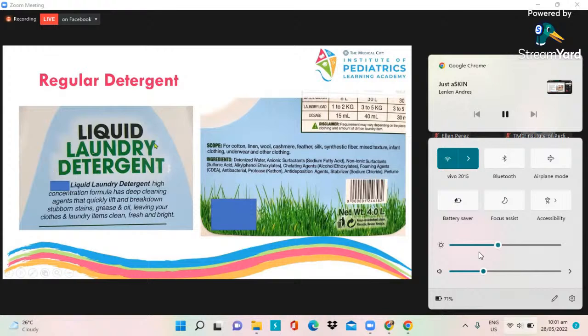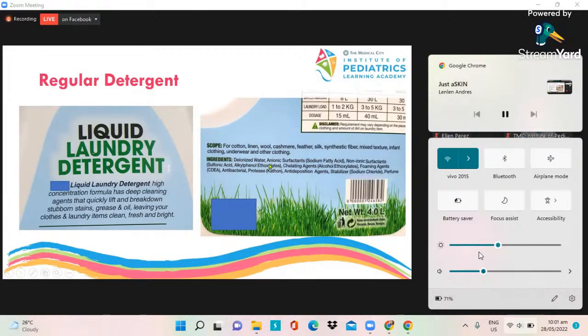Ayan, kinuha ko ng picture ang simpleng liquid ordinary laundry detergent. At ito po, makikita natin yung kanyang ingredients. Ayan, merong anionic surfactants. Nabasa nyo earlier, merong nakalagay non-ionic. Electrical charge po yan ng surfactant or yung Sydnet.